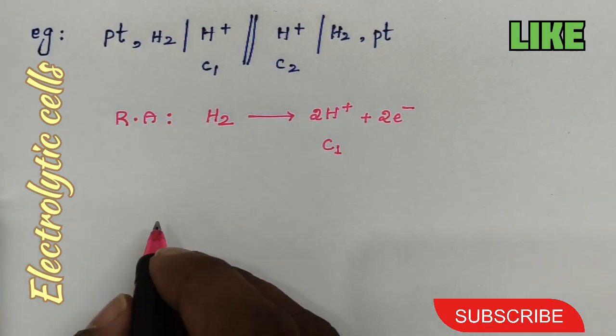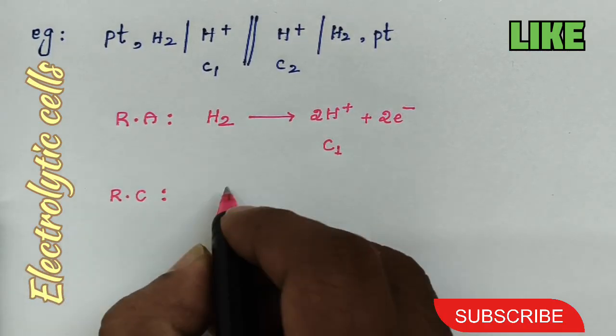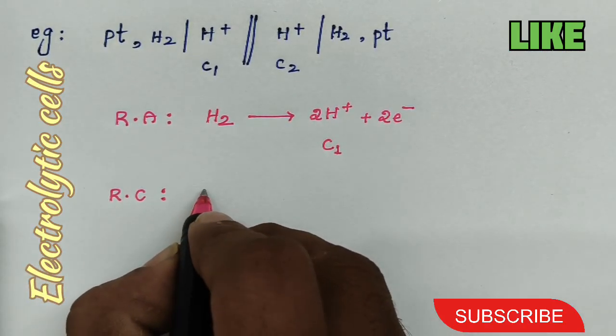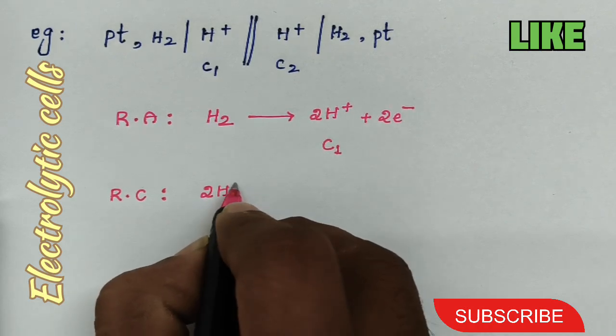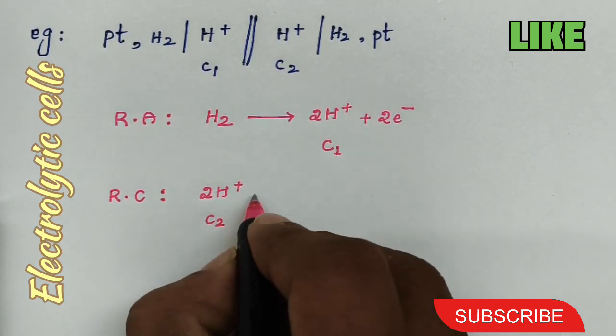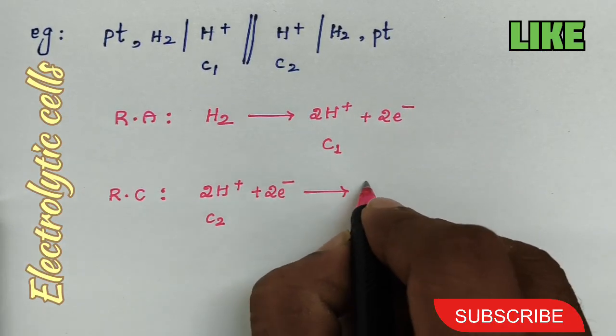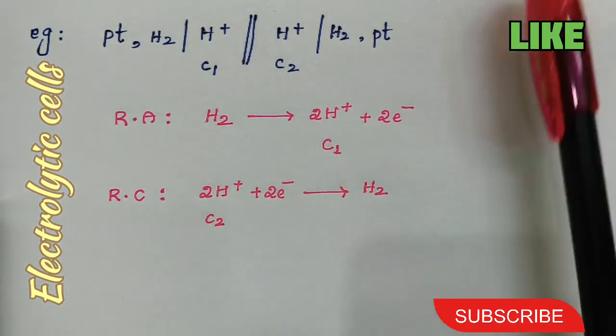Next, reaction at cathode. Here also, what happens? The 2 moles of H plus ion, with C2 concentration of H plus ions, gain 2 electrons and convert into hydrogen. Okay, this is the process.